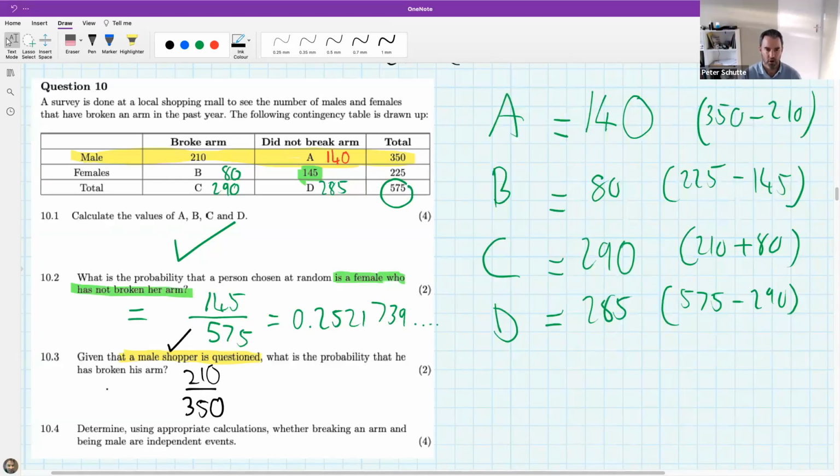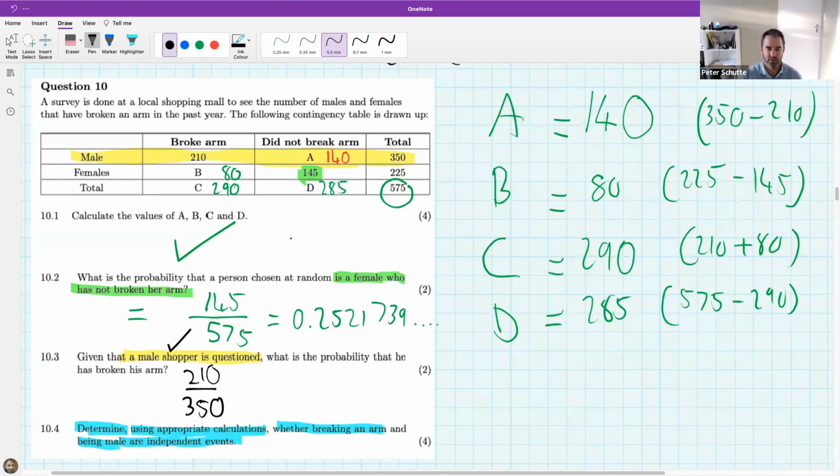Okay, now the last part of the question. Now you may have to go and find some calculations to help you with this, but it says, determine using appropriate calculations whether breaking an arm and being male are independent events.